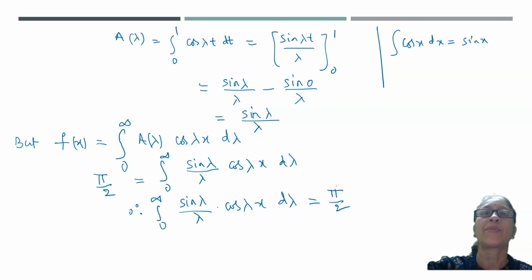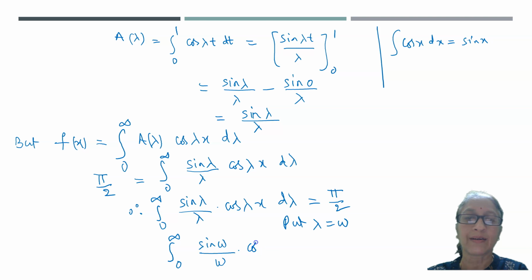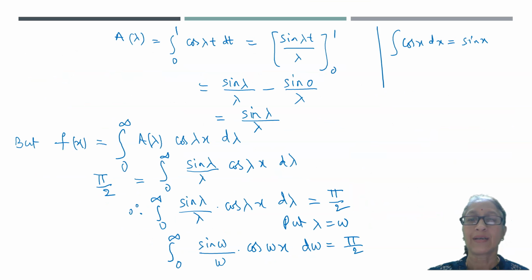If you replace lambda by omega, then we get integral 0 to infinity sin omega upon omega into cos omega x d omega equal to pi by 2. Okay, here integral 0 to infinity sin omega cos omega x upon omega d omega equal to pi by 2, which is required solution. Now let us see sixth question.